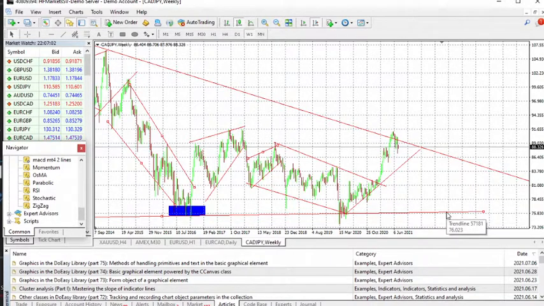But anyway, I'm expecting a movement to the downside, and I'm expecting this market to drop here. This is our support zone that we are expecting this market to consolidate, and drop here.